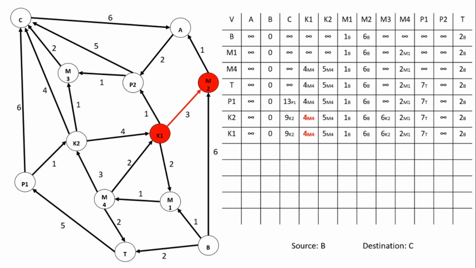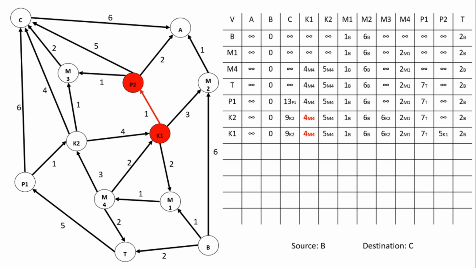Since we have the smallest distance of M2, which is 6, we don't need to update M2. So proceed to visit the vertex P2. Add vertex K1 to vertex P2, then we will get the total distance of 5 coming from K1.